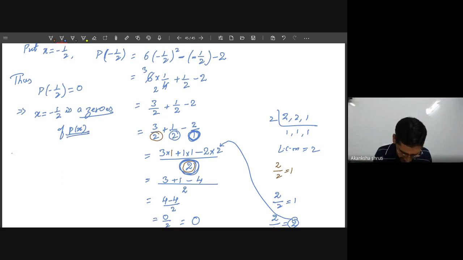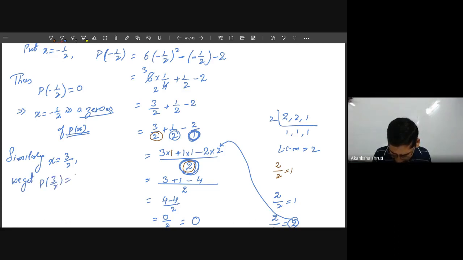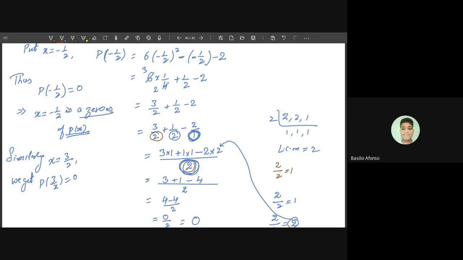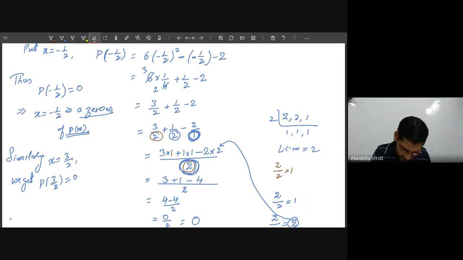Similarly, we can check x equals to 3 by 2. We will get P of 3 by 2 will also come as 0 by doing the same way. Okay, exactly, substituting P of x is equal to 2 by 3, yes, it is 2 by 3. Okay, so students, by the same procedure you have to do the same thing, you will get this value.